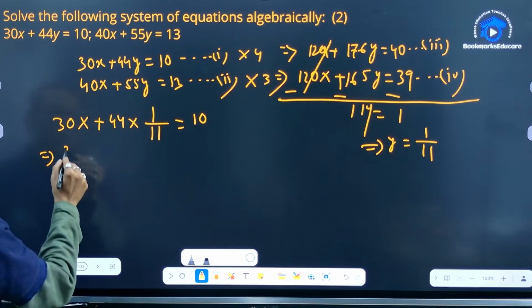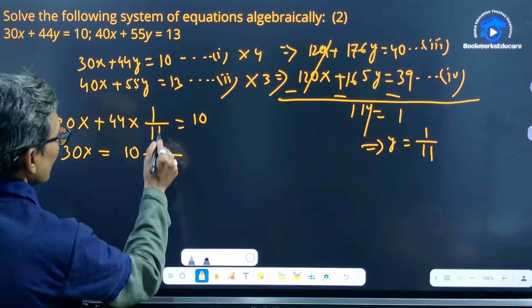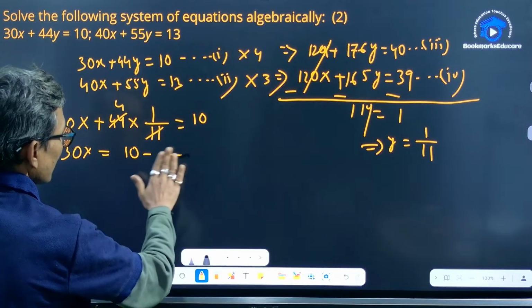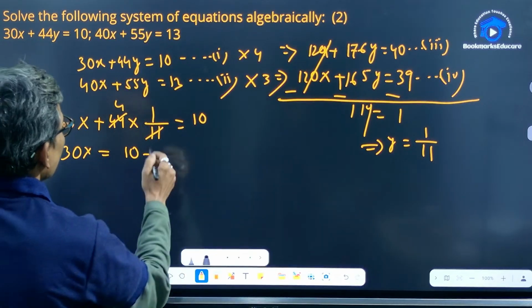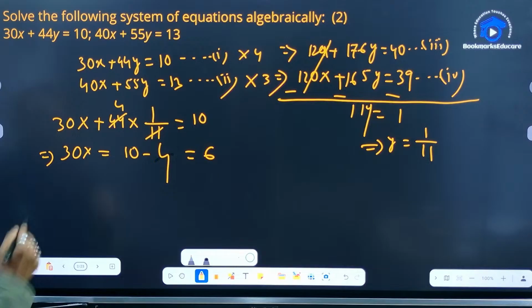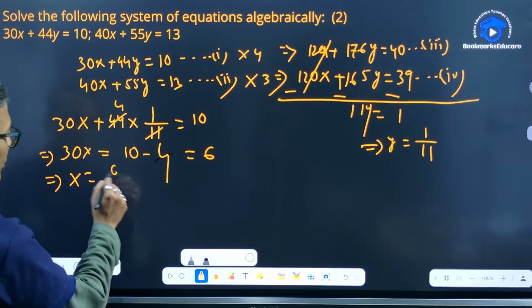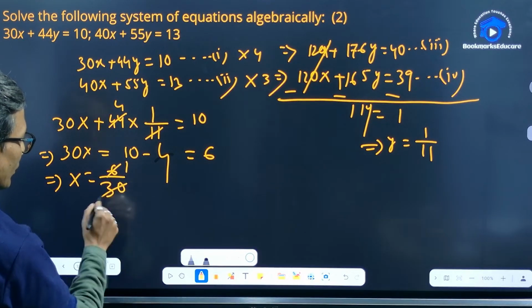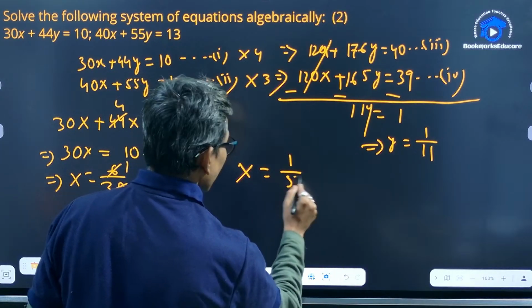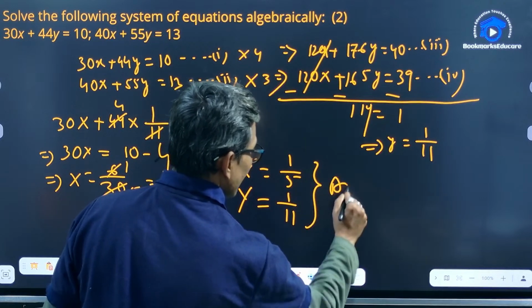So 30x is equal to 10 minus 4, which is 6. So x is equal to 6 by 30, that is 1 by 5. So the value of x is equal to 1 by 5 and the value of y is equal to 1 by 11. This is the required answer.